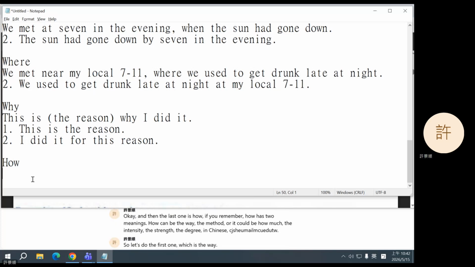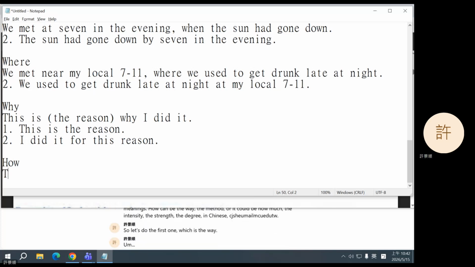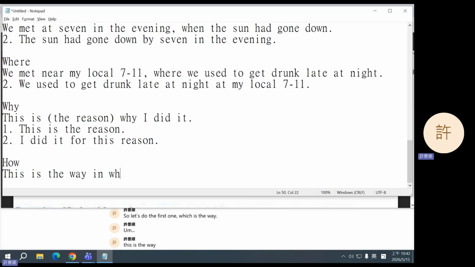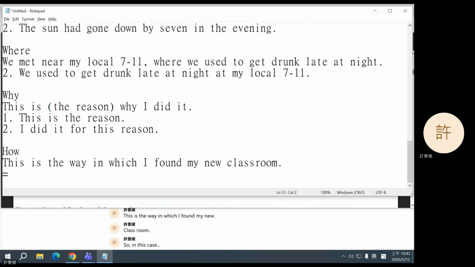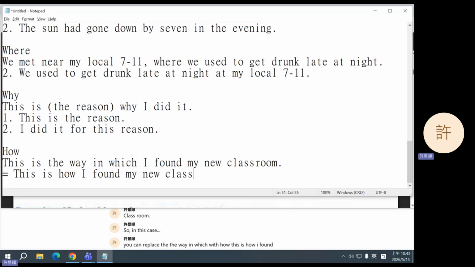This is the way in which I found my new classroom. So in this case, you can replace "the way in which" with "how." This is how I found my new classroom.